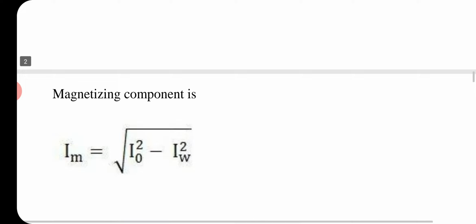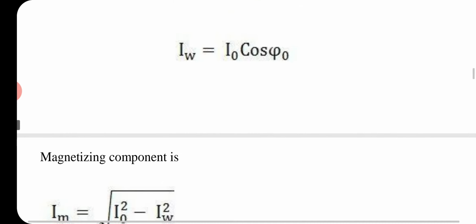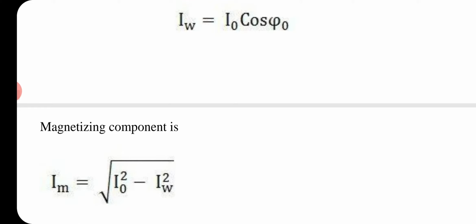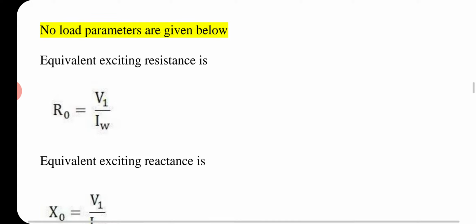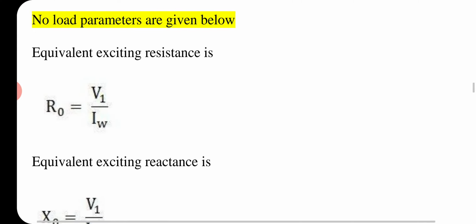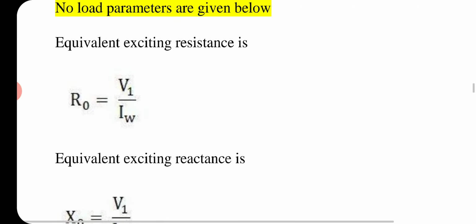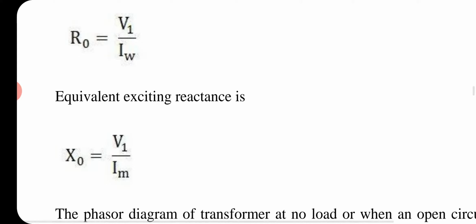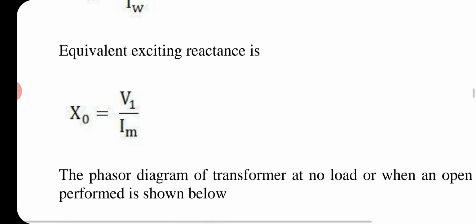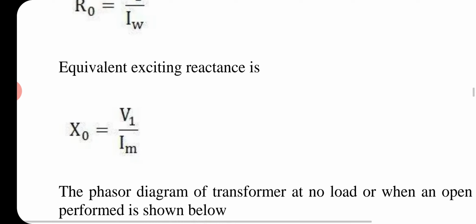So these are the two components of the no load current, IM, the magnetizing component, and IW, the working component. Now the no load parameters can be given as: equivalent exciting resistance R0 = V1 upon IW, and the exciting reactance X0 = V1 upon IM.